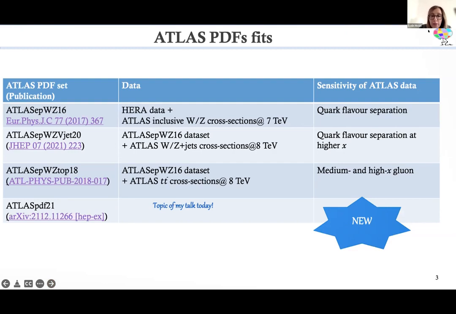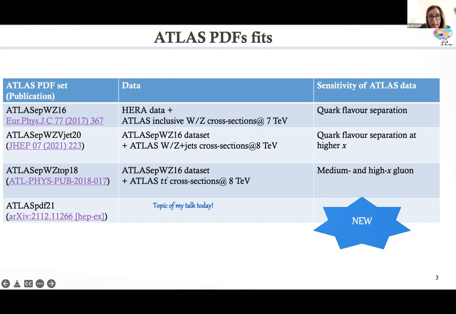Adding to this fit the boson plus jet cross-section measurement at 8 TeV, we were able to probe higher x for this quark flavor separation, while adding the ttbar cross-section measurement in a fit with HERA data plus the inclusive W and Z cross-section measurement at 7 TeV, we probed the gluon distribution at medium and high x.